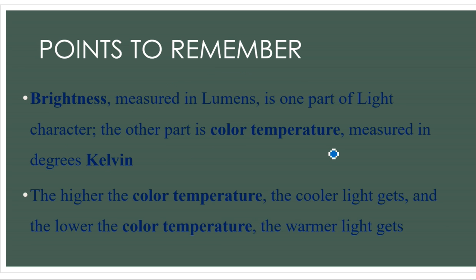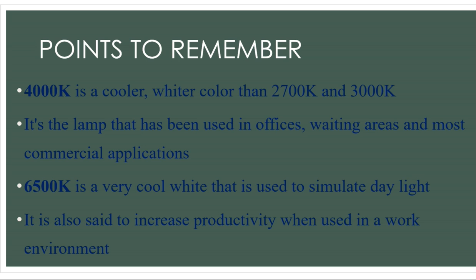Two characteristics of any light are the brightness, measured in lumens, and the color temperature, measured in Kelvin. And this is a take-home message: the higher the color temperature, the cooler the light gets, and the lower the color temperature, the warmer the light gets. For example, 4000 Kelvin is a cooler white as compared to the light at 2700 and 3000 Kelvin.